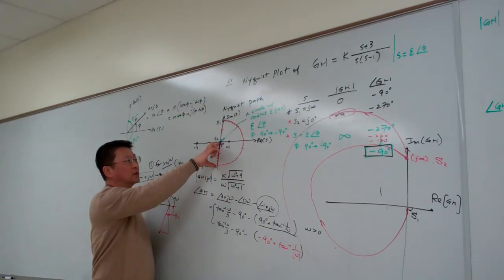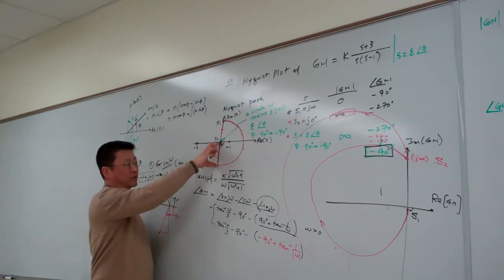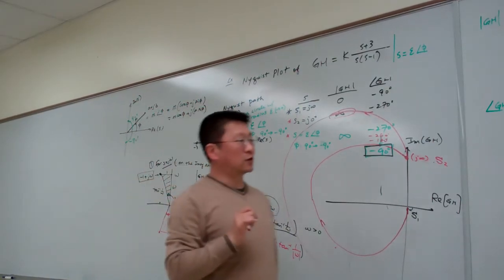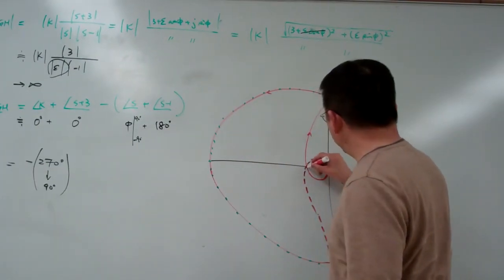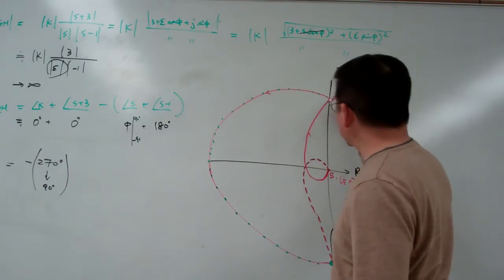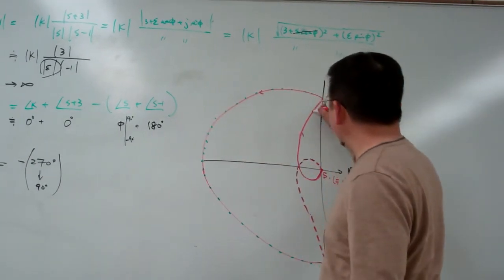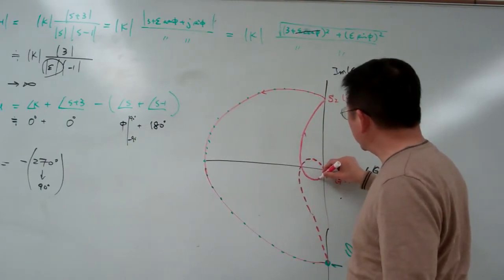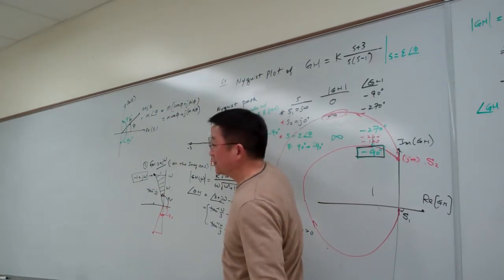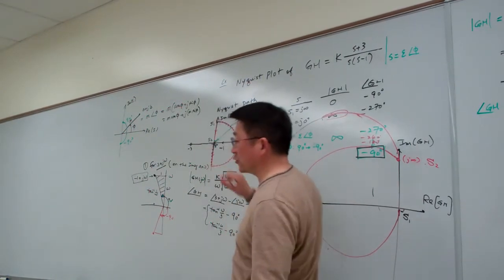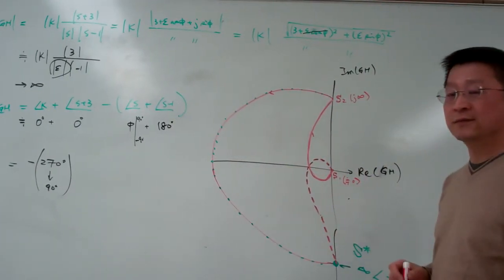The corresponding Nyquist plots of those points will be symmetric with respect to this. So this is the plot for the points on this portion, and we make it symmetric, and that will correspond to this one. So here you can plot the dash like this.